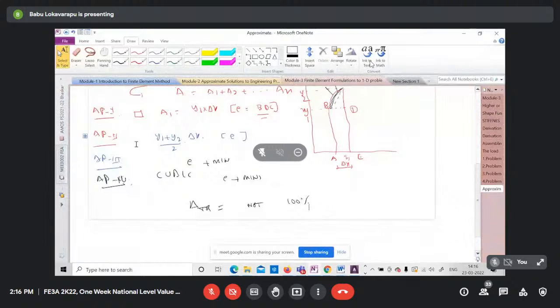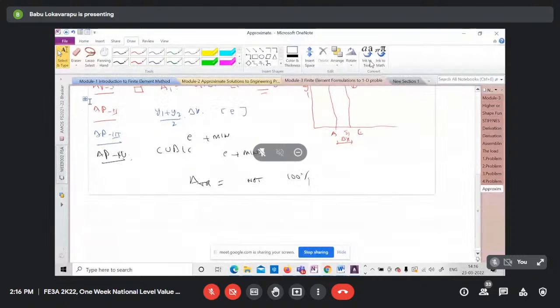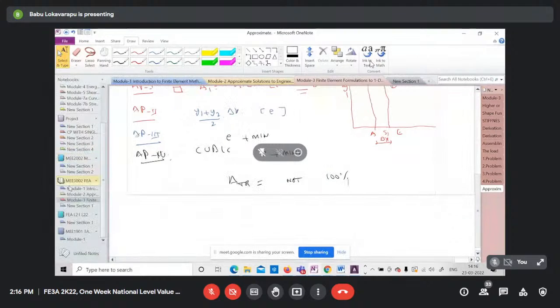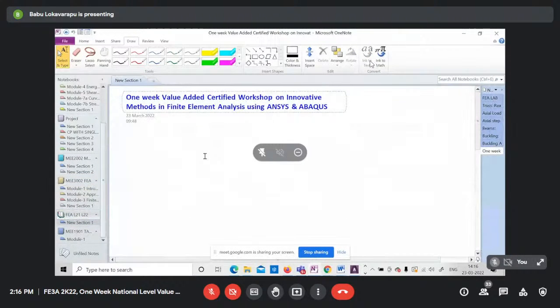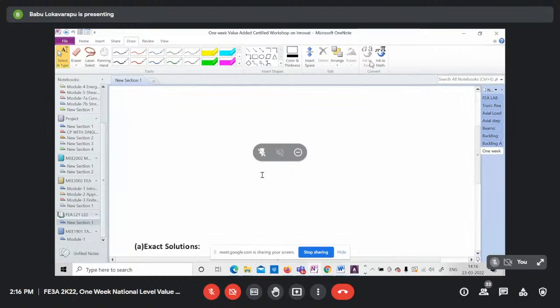So this is how you need to find this. Basically, when you are going to solve these kinds of problems, the solution is always approximate, not 100% accurate.